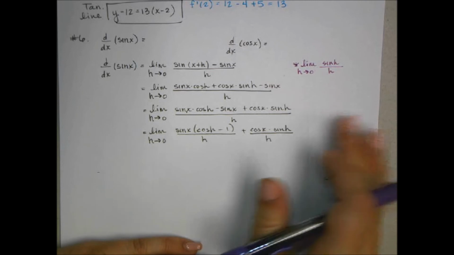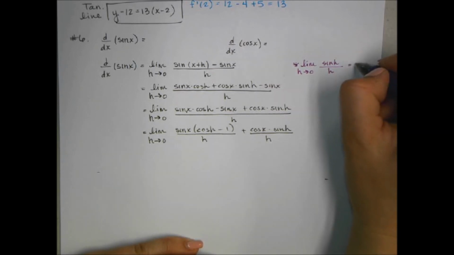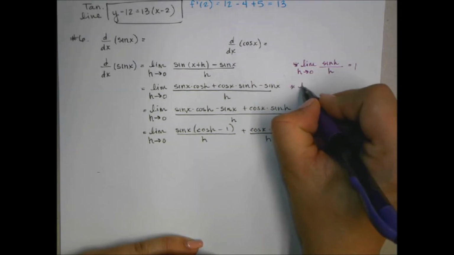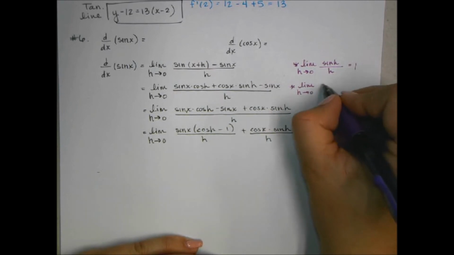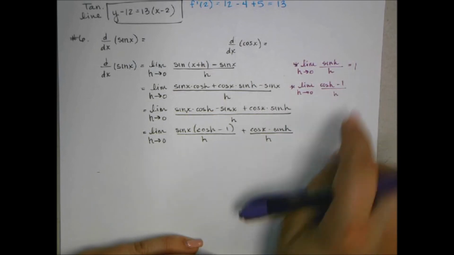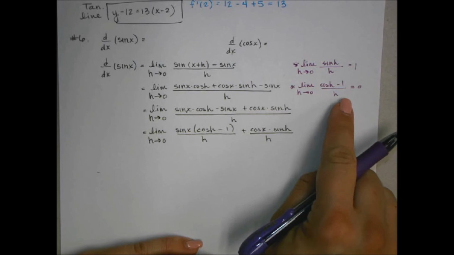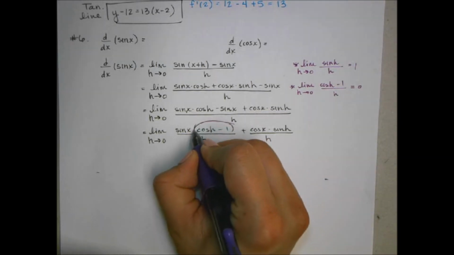This is a special trig limit. This value is 1. We had another one that used cosine. Cosine h minus 1 over h, or it could be 1 minus cosine. Either way, this will give us 0. But this is the way it's written in our problem here. So this limit right here is going to give us 0.